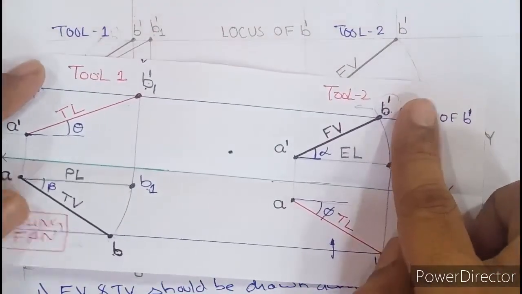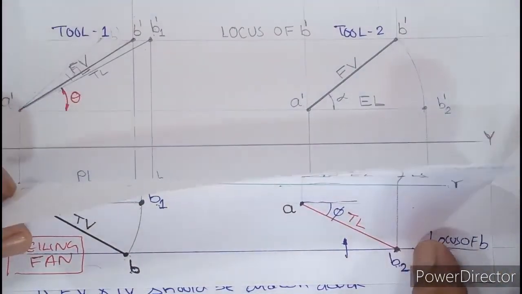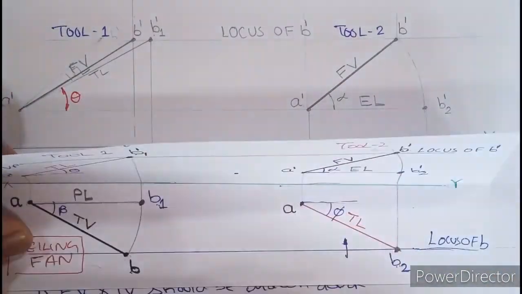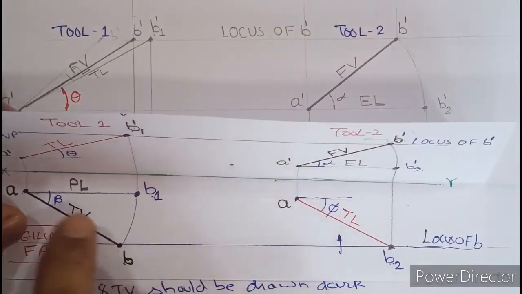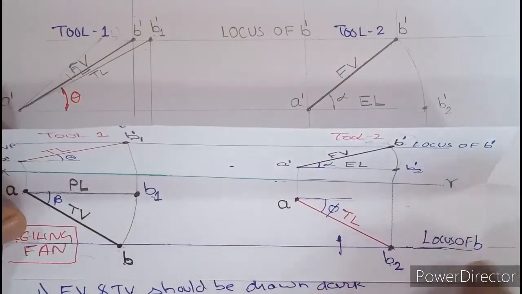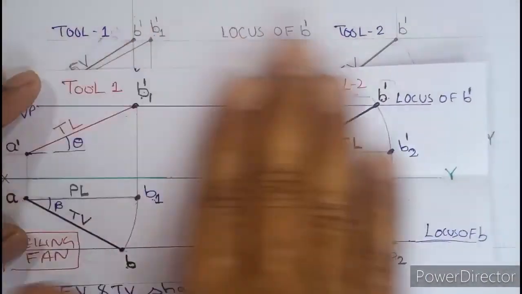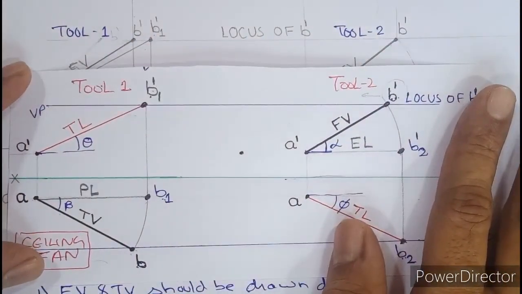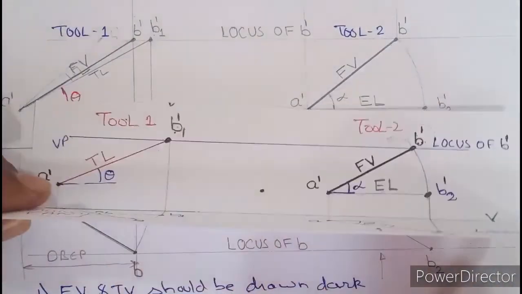When you open and draw the diagram, it will look like this. Once again, VP is always here and HP is horizontal. In the top view, now I am showing you the top view, you can see beta and phi and everything without dash. But when you open HP and consider this to be on one single plane, this is how the diagram looks. And now what I am showing you is the front view, right?